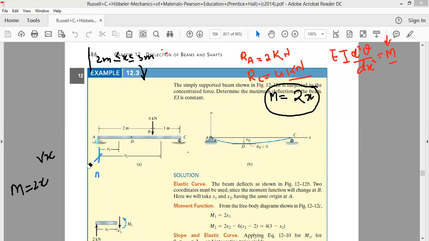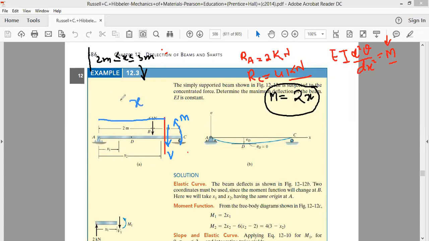Taking a section now somewhere here, and we write, let the shear force here be V, let the bending moment here be M. And let this distance where we are taking this section be equal to x.